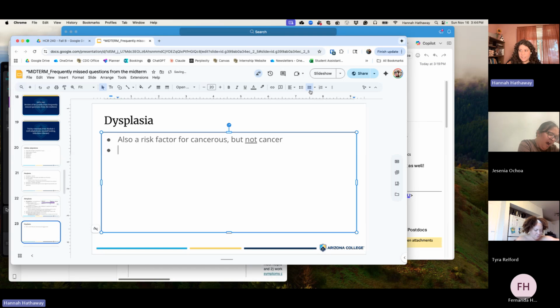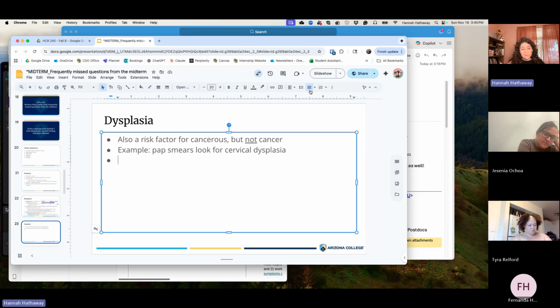The classic example here is when you get a pap smear, which is looking for cervical dysplasia. If you've ever had an abnormal pap smear, then you know that they will tell you, let's keep an eye on it, come back, let's keep checking. So it's not like, oh, you have cervical cancer. It's just, let's keep an eye on this.